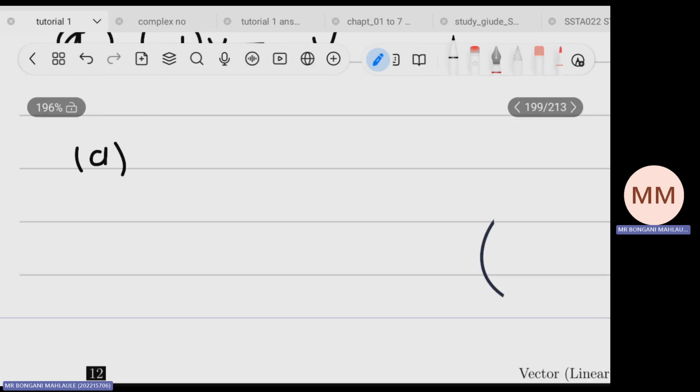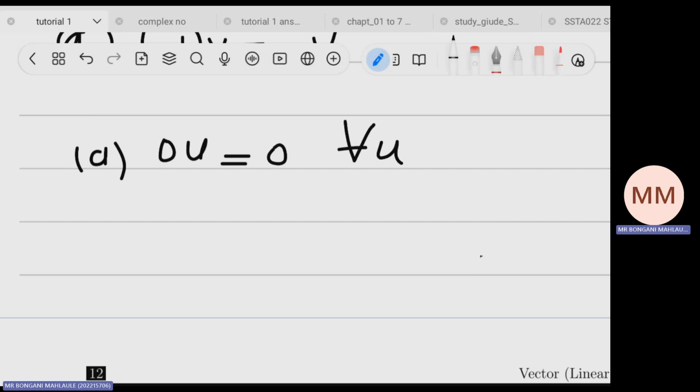So I'm going to start with A. You must prove that 0u is equal to 0 for all u being an element of the vector space.